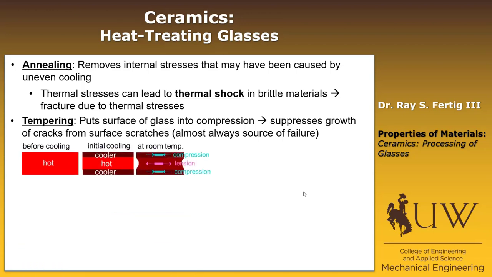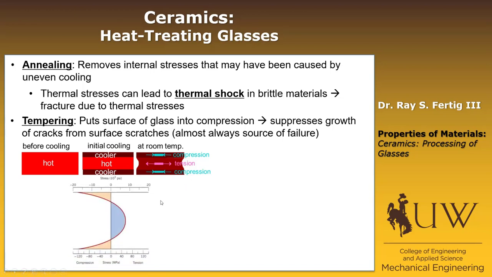So how this works is that before cooling, we have some hot part. Initially, when we cool, the surface will cool faster than the interior. We know that. So it forms a solid. But as this middle portion is plastic, as it cools, it wants to contract, and as it contracts, it puts the surface in compression and actually the interior part in tension.